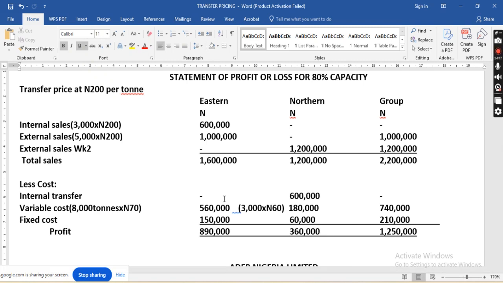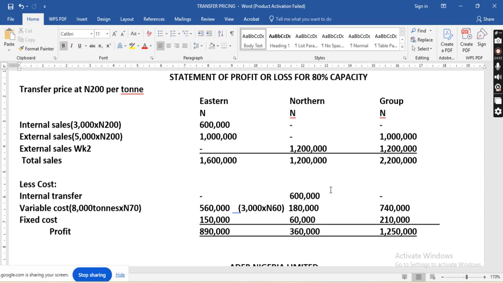But the Northern Division have seen that the 200 naira per ton will favor them, because if they buy at that, they will sell at 1.2 million to the external party. So that is why there is an argument at the beginning. The Northern Division has agreed. The Eastern Division say no, it is not like that, that they should make it based on the original 200.